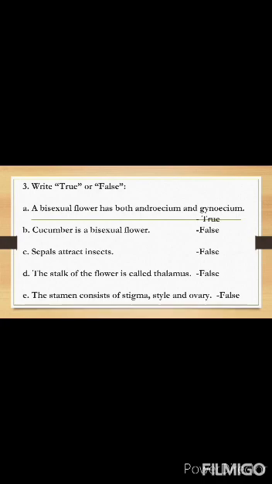Answer is false. C. Sepals attract insects. Answer is false. D. The stalk of the flower is called a thalamus. Answer is false. E. The stamen consists of a stigma, style, and ovary. Answer is false.